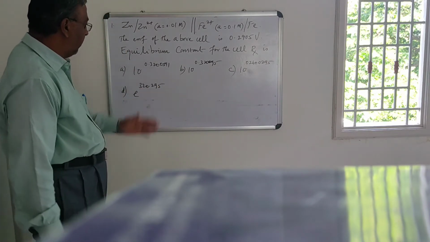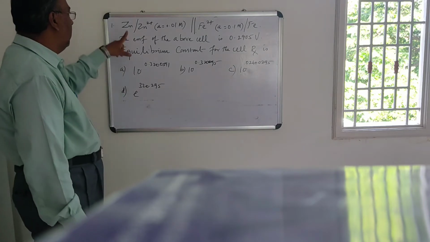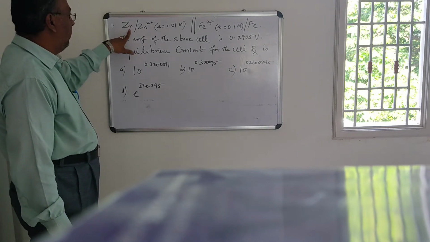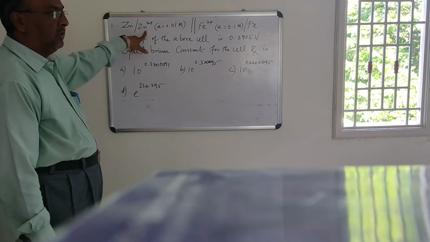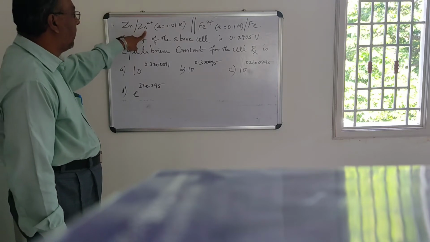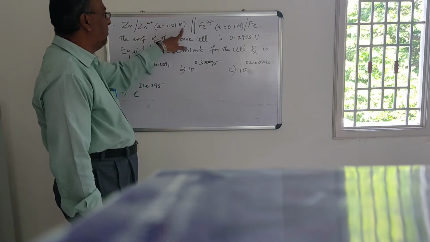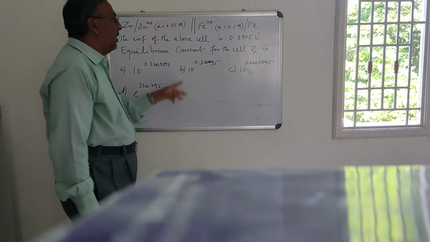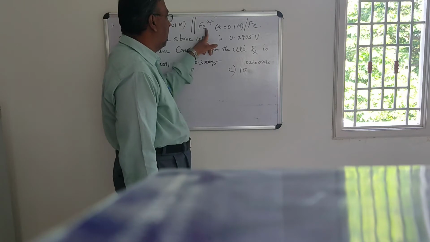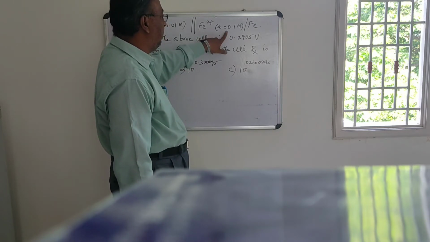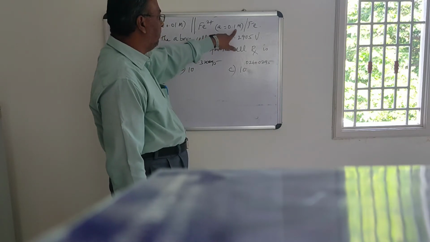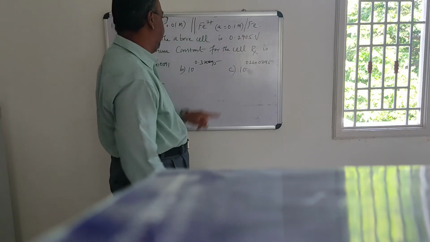See, look at this problem. Zinc is in contact with zinc 2 plus ions whose activity, that is concentration, is 0.01 molar. Fe2 plus, whose activity, that is concentration, is 0.1 molar, in contact with iron.